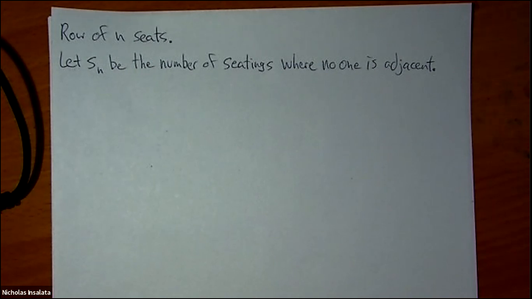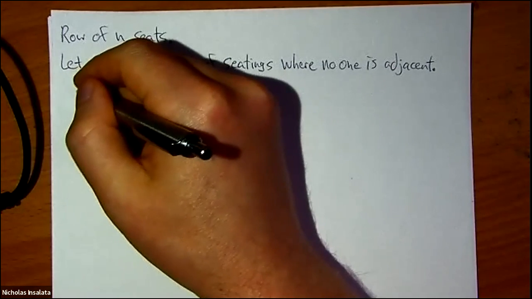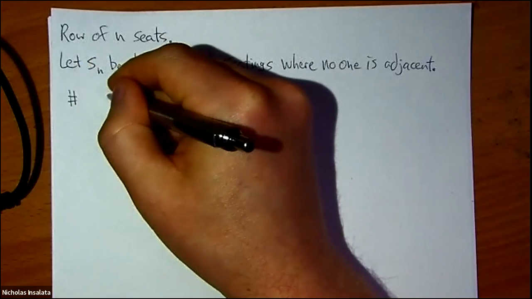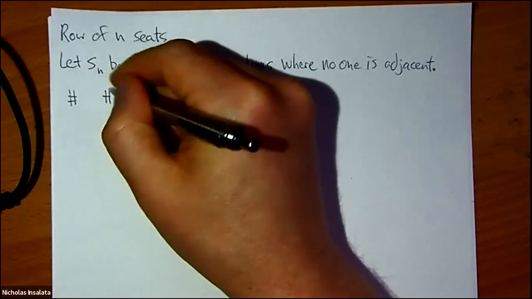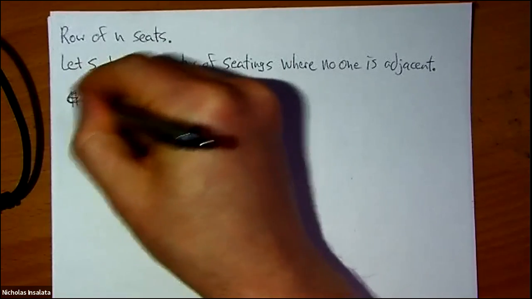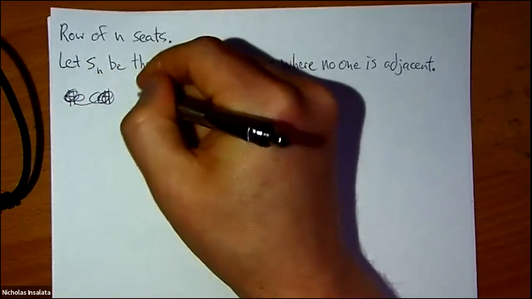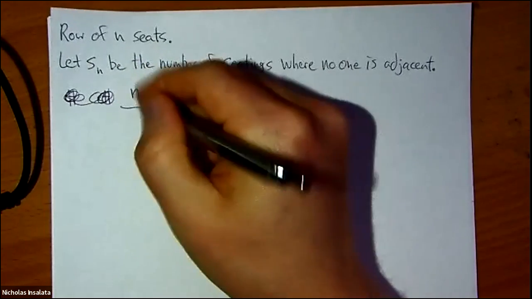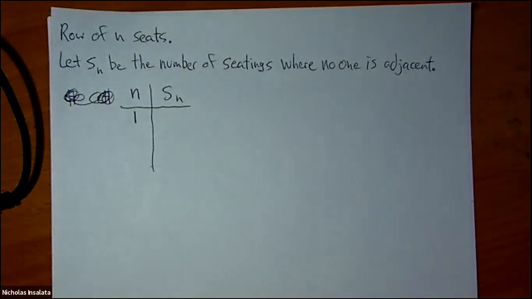So let's go through the number of seats and figure out how many different arrangements there could be. So for one seat, here's N, and here's S sub N. So with one seat, how many different arrangements could we have?